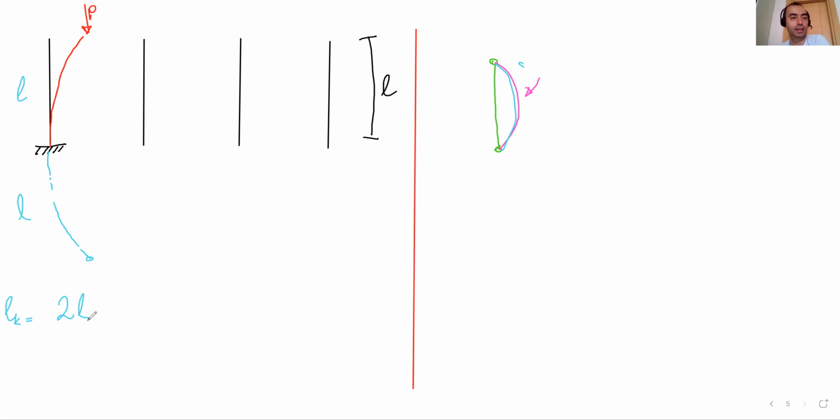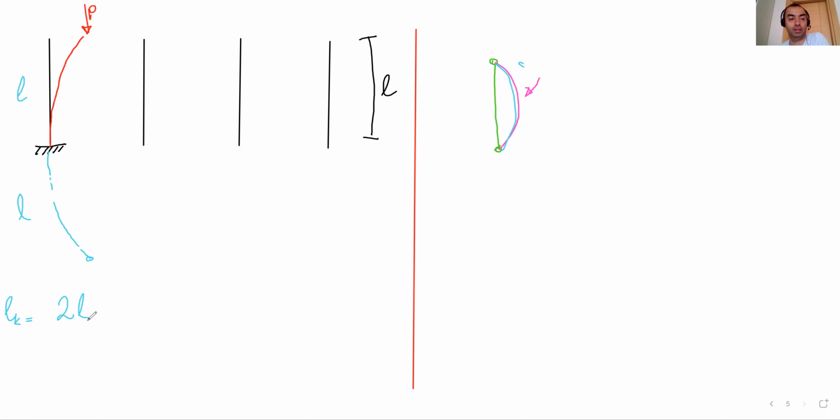The logic comes from here. I have a deformed shape, but at the end of the day, I convert this shape to the double hinged member's shape. So it's a fully arched shape.